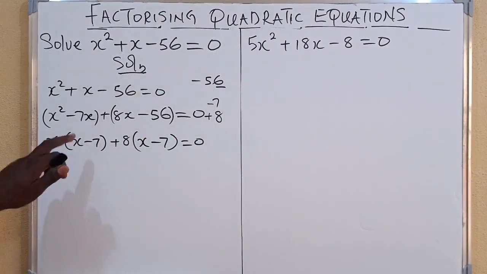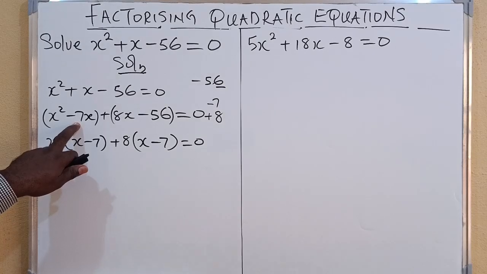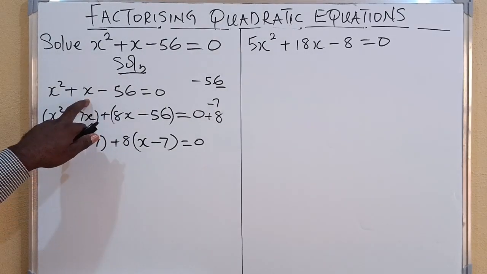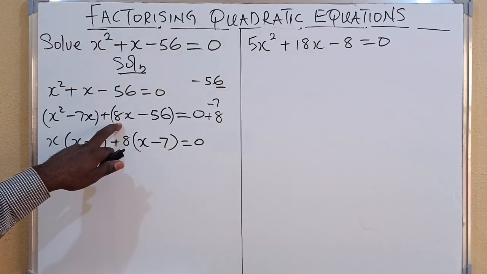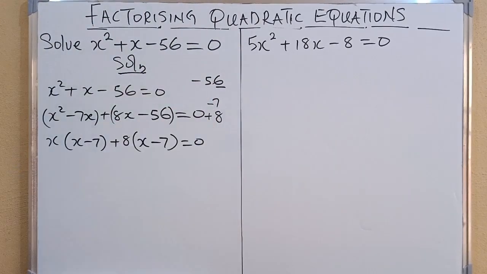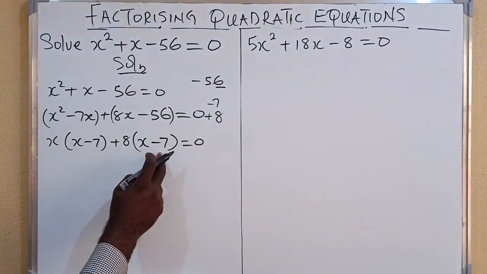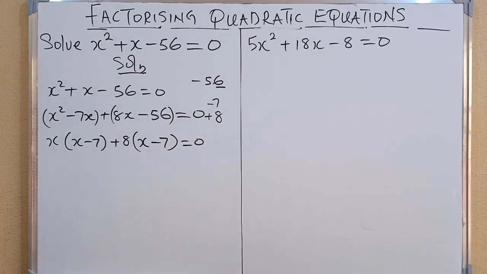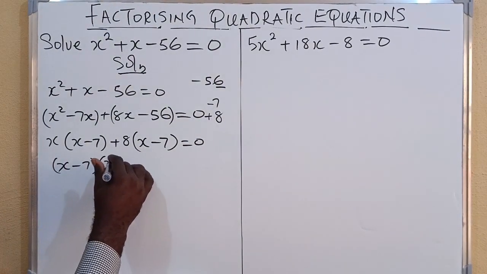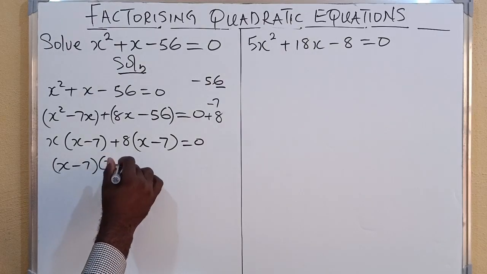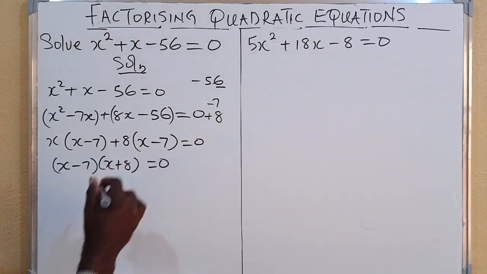If you look at this, minus 7x plus 8x gives us just plus x, and minus 7 times plus 8 gives us minus 56. So I have x and these two results to be equal. So I'll have x minus 7 and then x plus 8, both will be equal to 0.